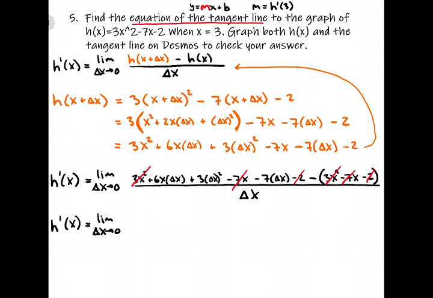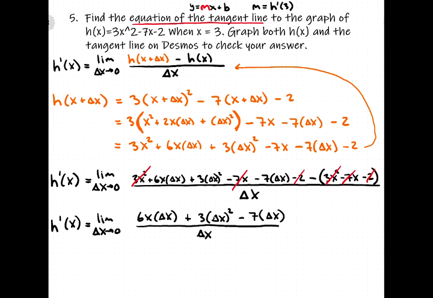Okay, so what do we have? There's a 6x times delta x plus a 3 delta x squared minus 7 delta x. That's what's left on top. And then that's over delta x.